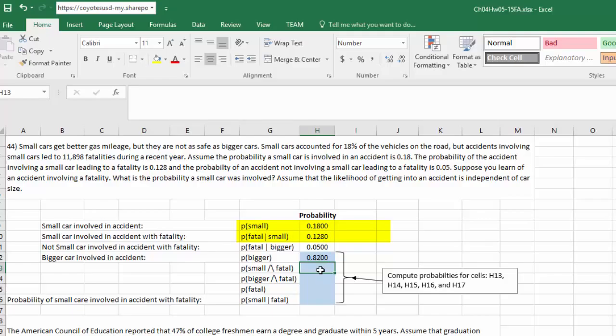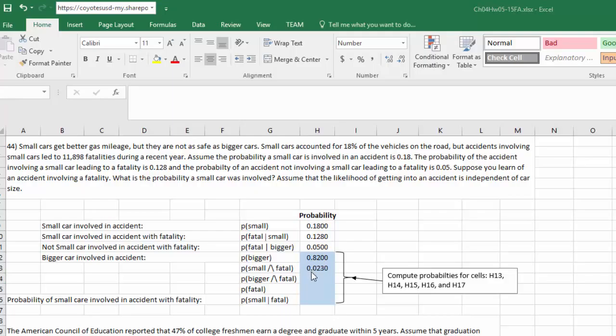So we take 0.18, the probability of being small, times the probability of it being fatal given a small vehicle is involved, and that gives 0.0230.